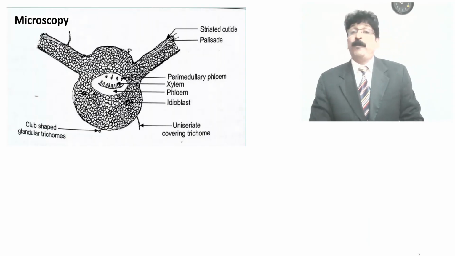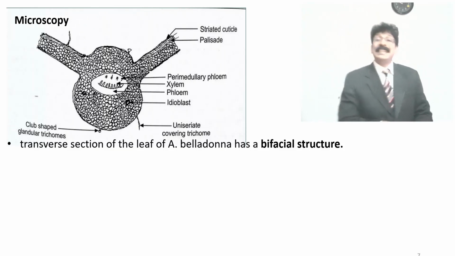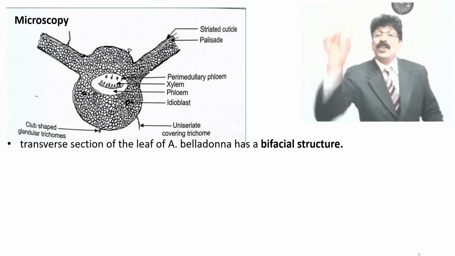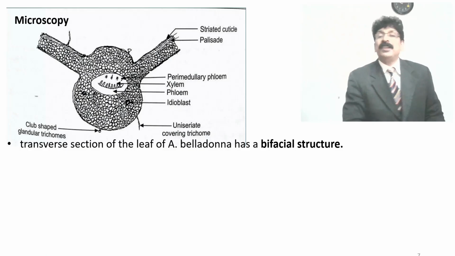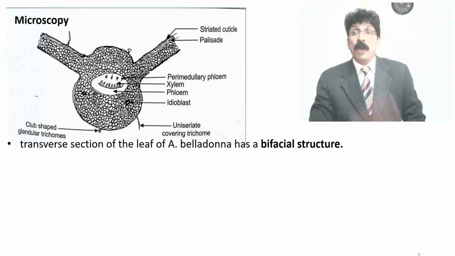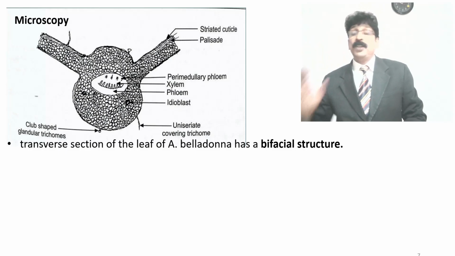Now we are coming to the microscopy of Atropa belladonna. Here you can see the striated cuticle, palisade cells, elongated cells. See the picture so that you can remember what you did in the lab. You have to compare the theory and the lab when you study what you observe in the microscope.